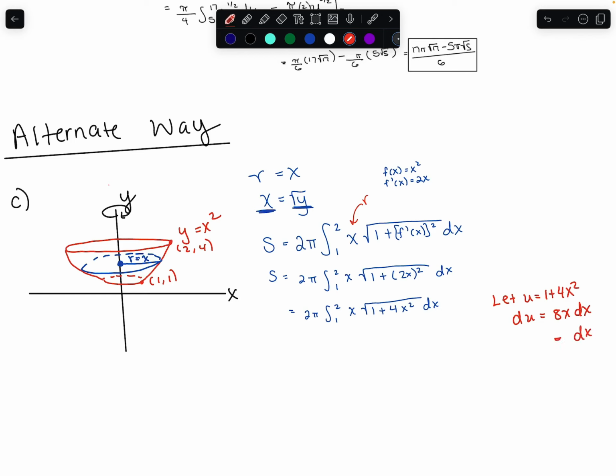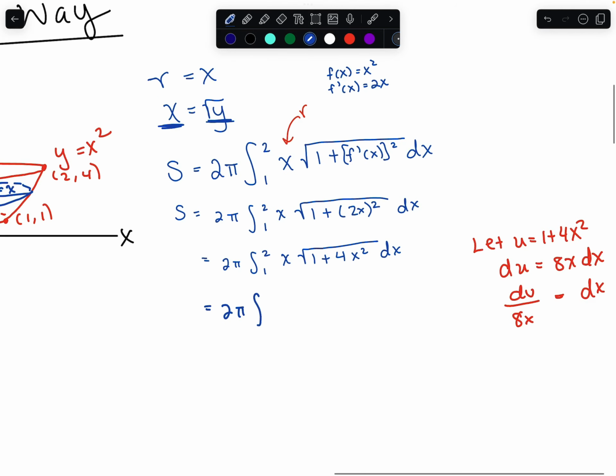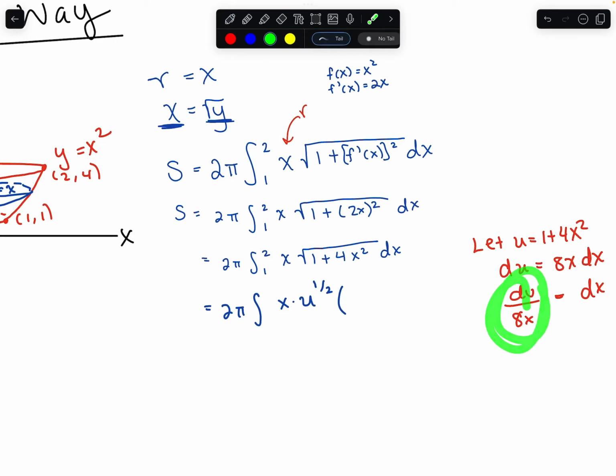And dx is equal to du over 8x. So we go back to the left side and we plug in our u. So we have x, and we have square root of u, but instead of writing square root of u, I'm simply going to write u to the 1/2. And then dx, as we saw over here, is du over 8x.